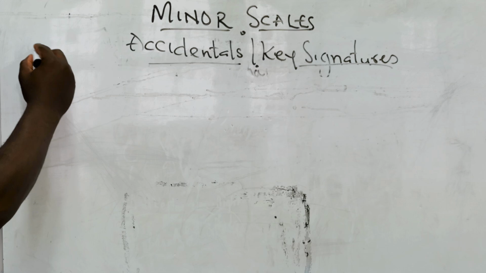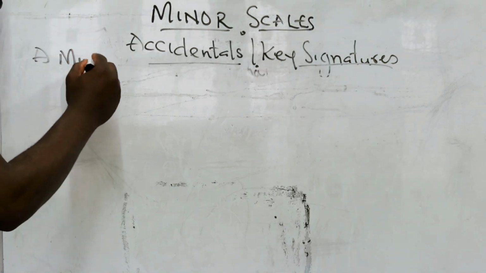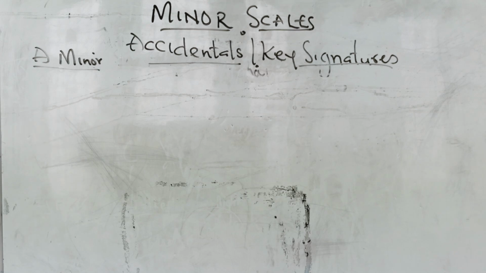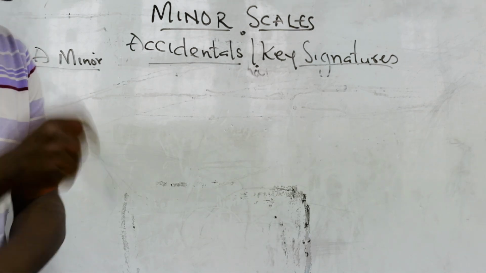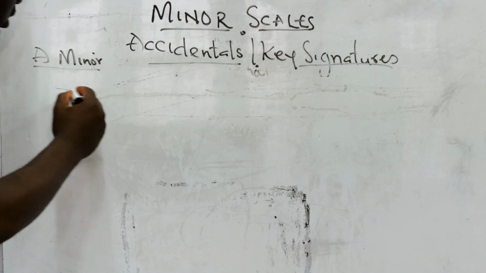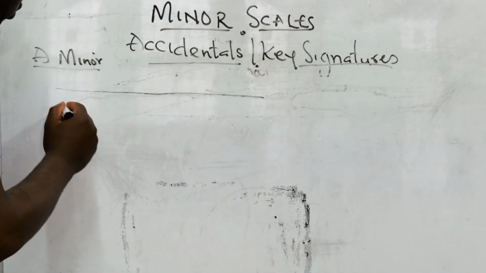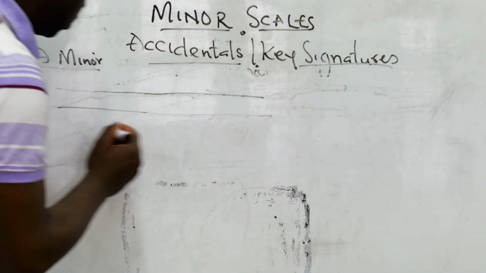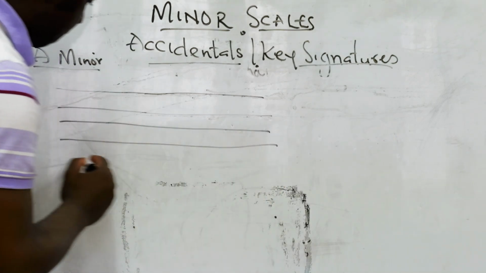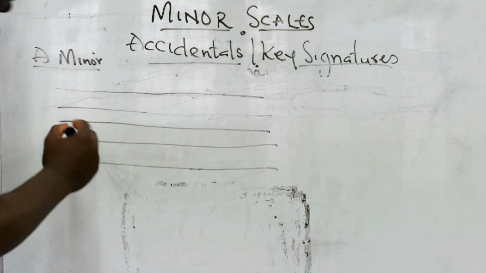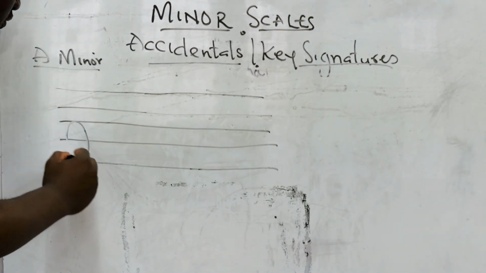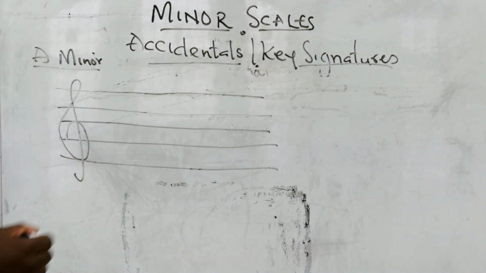So let's start with A minor, okay? Let me do this on the treble stave. Remember, you can do it on the bass stave.